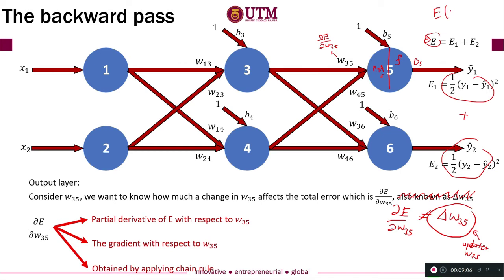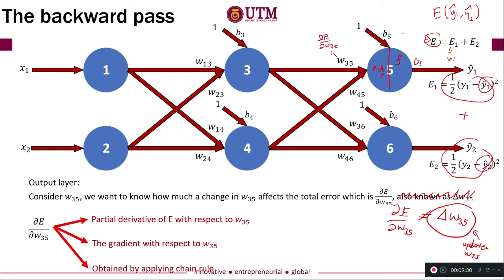It depends on two variables, which are y1 hat and y2 hat, because if you add E1 and E2, this one contains y1, you can see here, and E2 contains this one. So that's why this function depends on this.